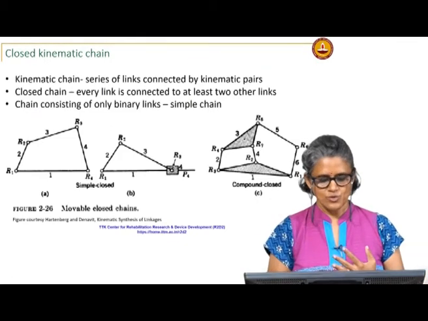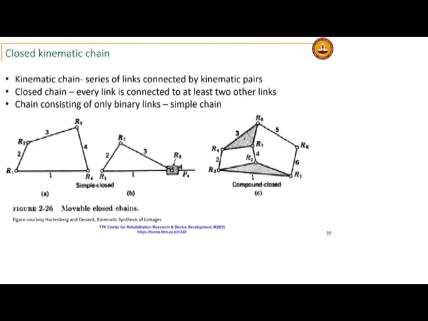Okay. So, for a lot of analysis, if you consider a chain that contains only binary links, we call it a simple chain. Okay. So, for a slider crank, this is your typical 4 bar kinematic chain, and a closed kinematic chain becomes a mechanism when you fix one of the links in the kinematic chain.